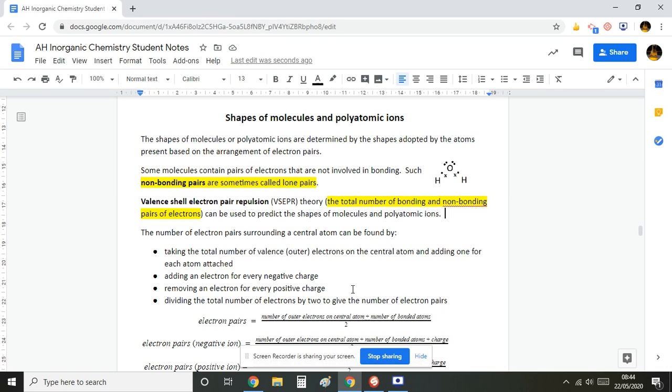So if we divide the total number by 2, then we get 4 electron pairs. And you might be thinking, well, hang on, there's only 2 bonds in water. But remember that when we're talking about the shapes at Advanced Higher level, we have to consider the non-bonding pairs of electrons and the bonding pairs. In the molecule of water, there were 2 non-bonding pairs and 2 bonding pairs.